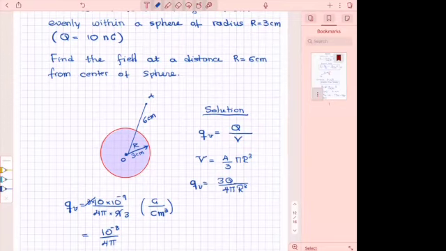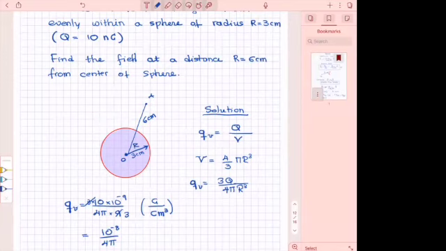Which one? No, I mean, we're trying to find the Q. What are you saying? Like 4 pi r cubed. I put a 9 instead of what? 27?